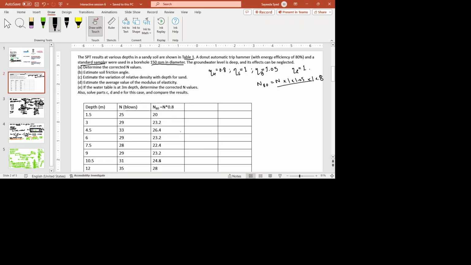As I said, usually we take the value of SPT at 60 percent. So what we do is we multiply by NH and then we divide by 0.6. So this will be our N60. Our N60 is N into 1 into 1.05 into 1 into 0.8 divided by 0.6.